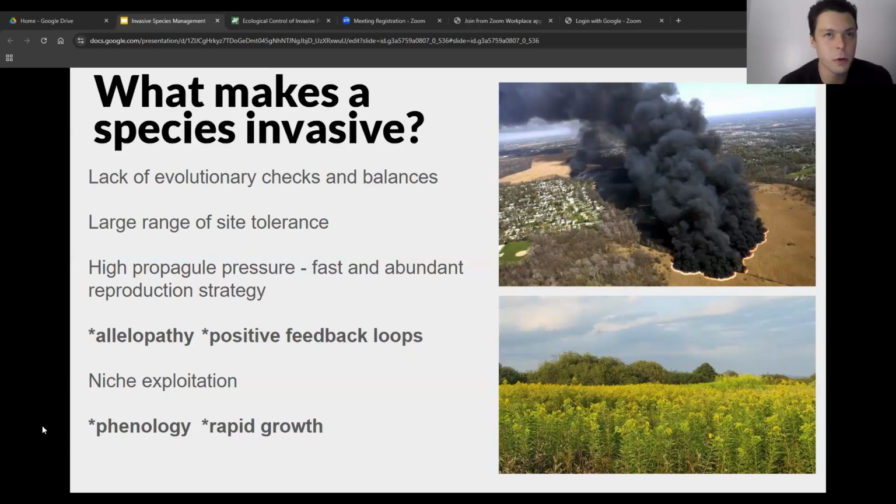Allison was showing some photos of that, and she talked about how honeysuckle will be one of the first plants to leaf out in the spring and one of the last to leaf out in the fall, which means it's occupying that early niche and that late niche seasonally that other plants are not adapted to. And so it's taking that cover before the rest of those plants have a chance to even fight.